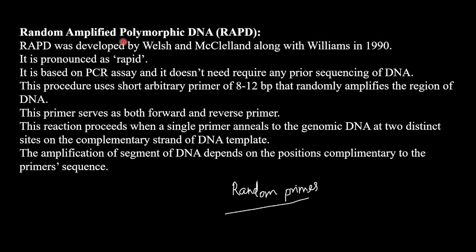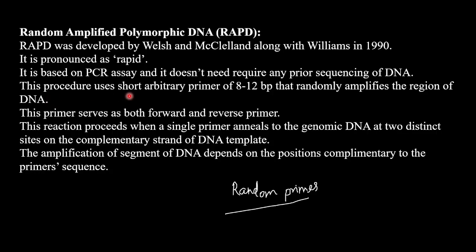You can see here that RAPD was developed by Welsh and McClelland along with Williams in 1990. It was pronounced as rapid because it was pretty fast. It is based on the PCR assay and does not require any prior sequencing of DNA. You are not doing any sequencing, you are just doing PCR using a single primer.